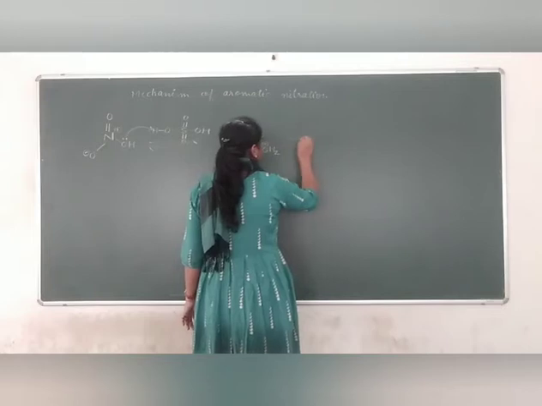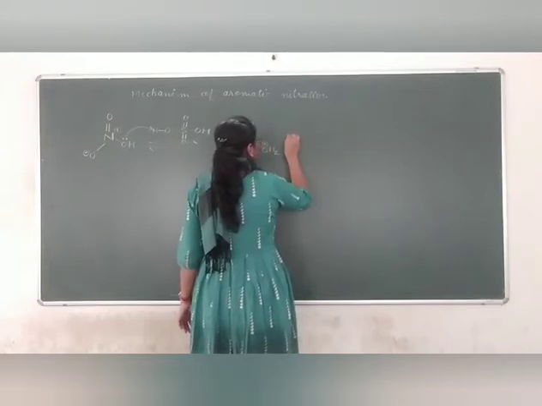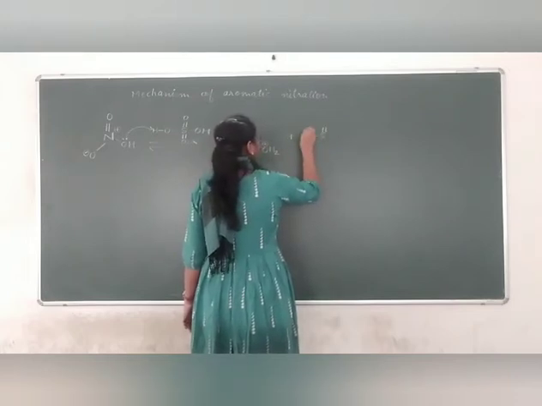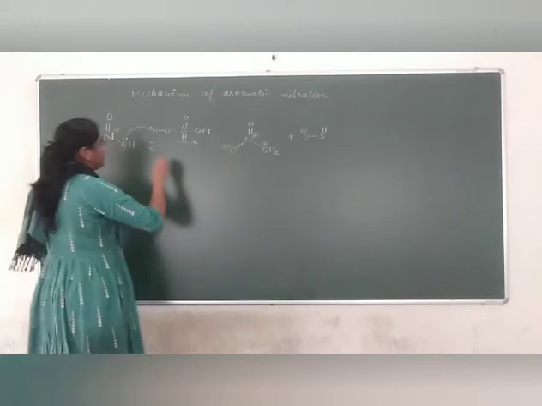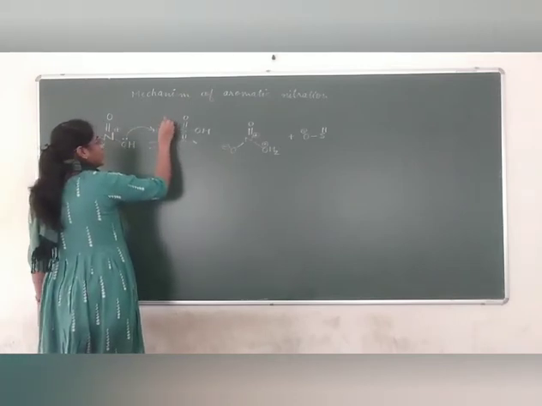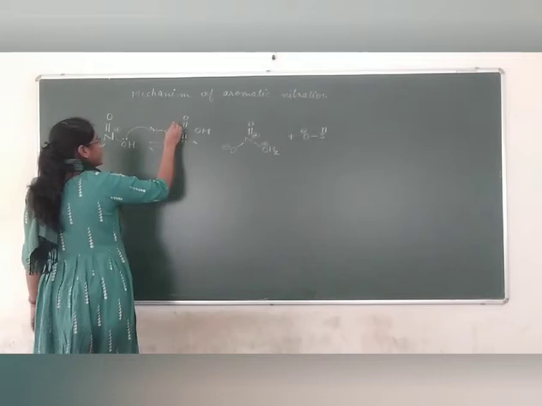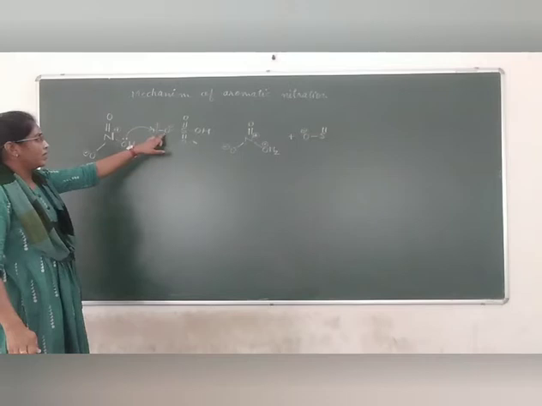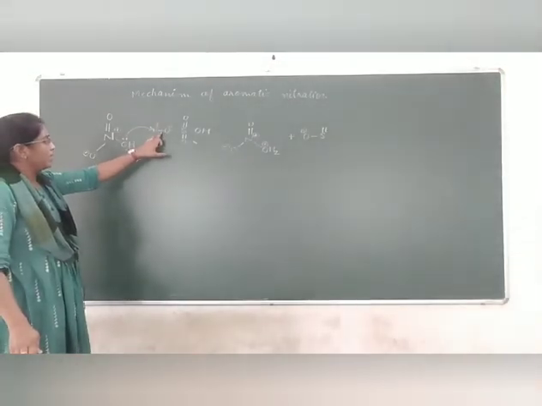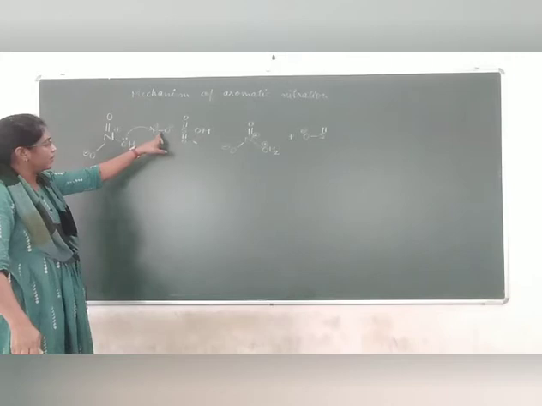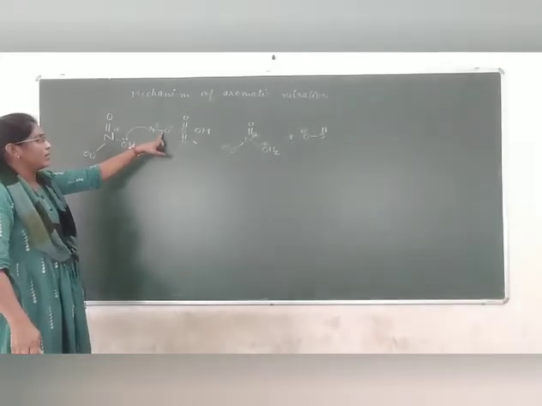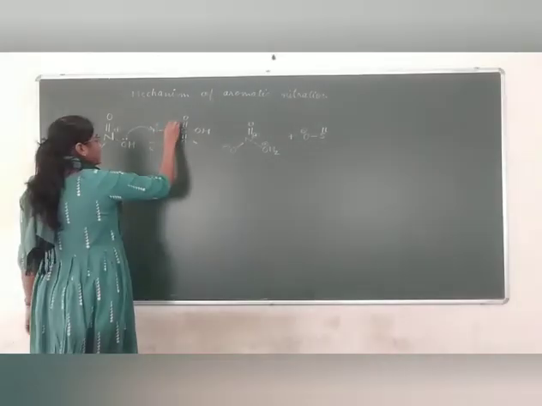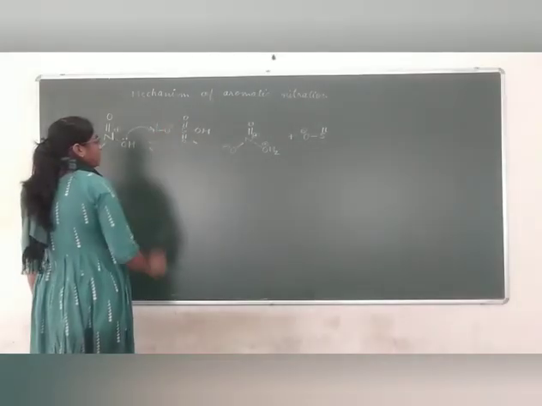For H2SO4 we can write O minus, because this bond is breaking over here. Plus charge comes over here, and minus charge is over here. If the bond is breaking here, then the electrons of this bond are taken by oxygen, and this way creates a minus charge.